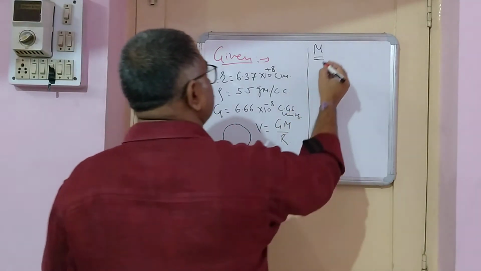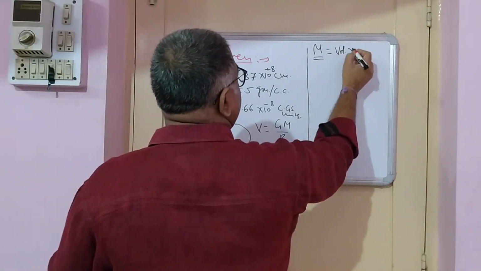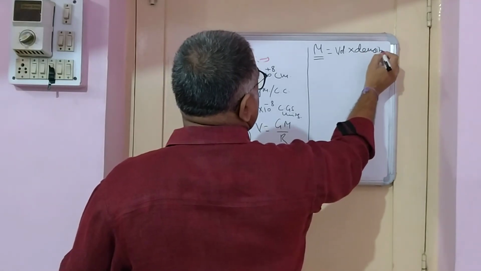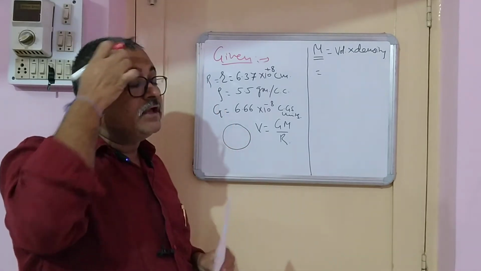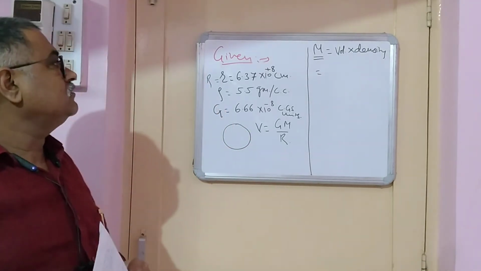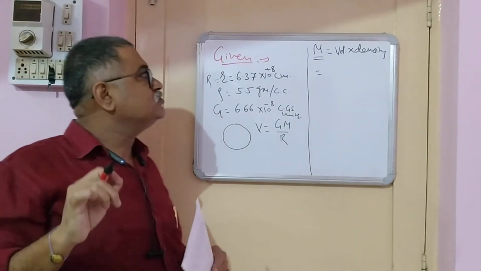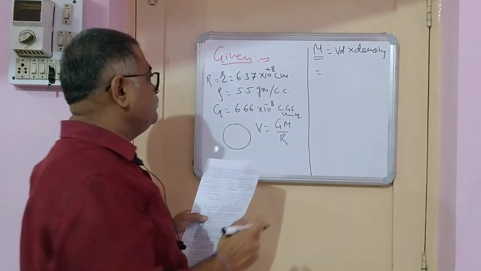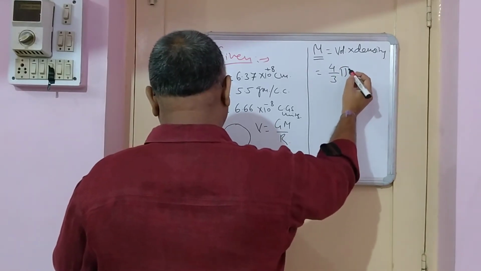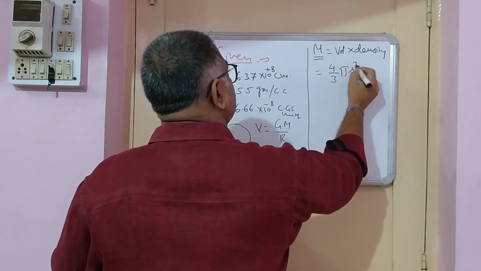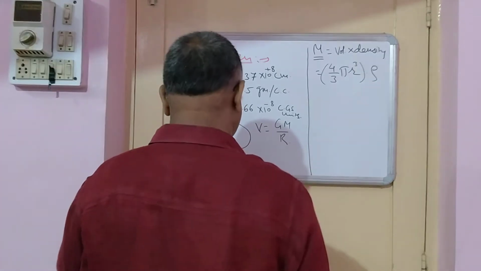M equals volume multiplied by density, because we are considering Earth as a perfect sphere. When it is a perfect sphere, we should know its volume, and volume is given by 4 by 3 pi r cube, into rho, where rho is the density.